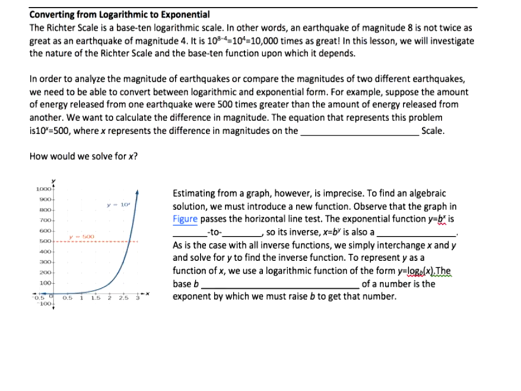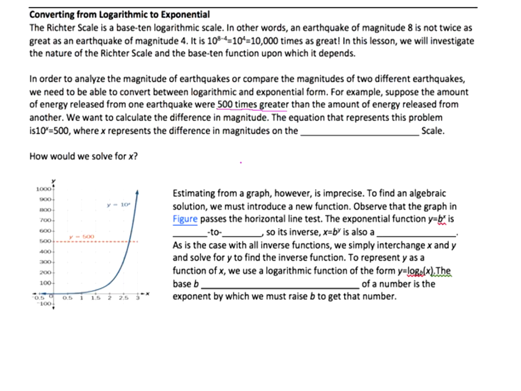For example, suppose the amount of energy released from one earthquake were 500 times greater than the amount released from some other earthquake.